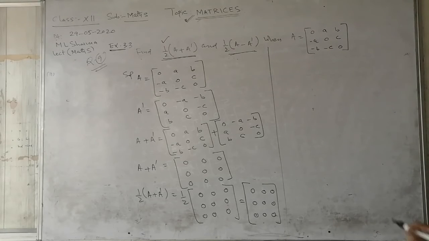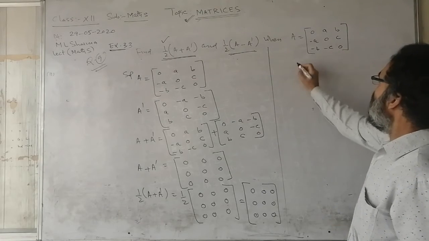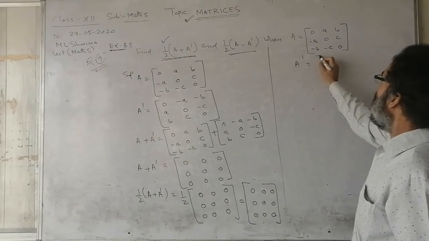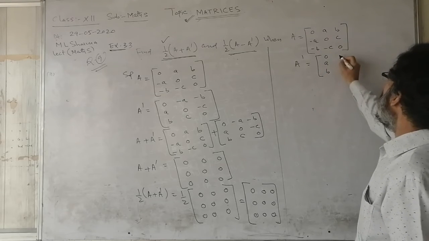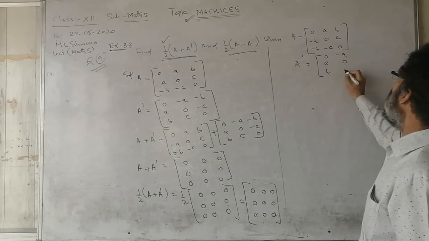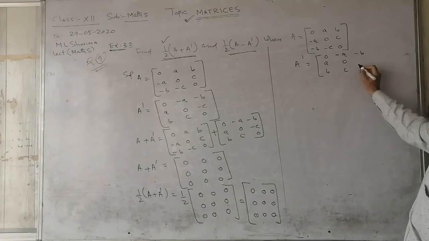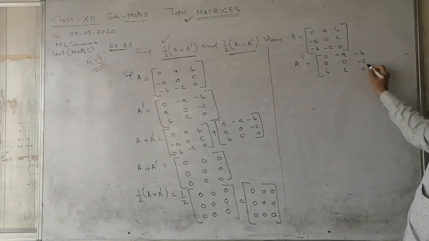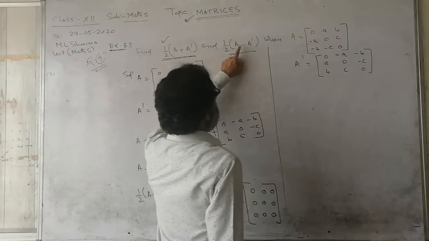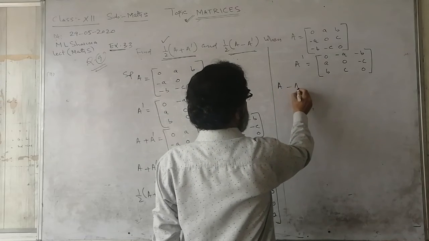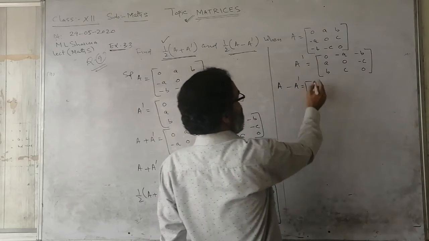So far as part second is concerned, the value of A is given, and its transpose I can find: 0, a, b, minus a, 0, c, and last row minus b, minus c, 0. So this is the transpose of A. Here, instead of addition, I will have to subtract these two matrices.